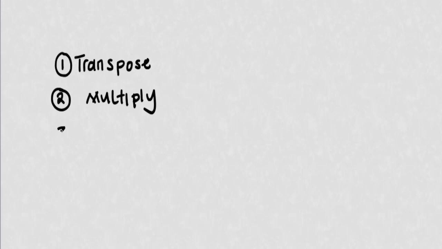Then the third thing you should know is how to find the inverse of a matrix. So these are the subtopics that we're going to look at under this topic of matrices: transpose, how to multiply, and how to find the inverse of a matrix.